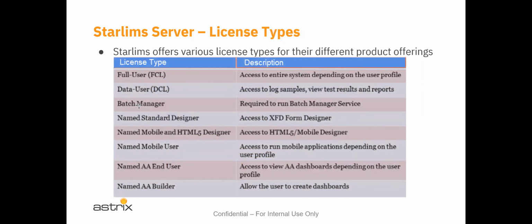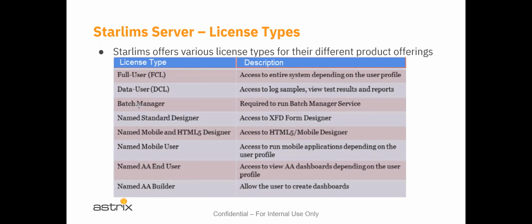Okay. So there are multiple types of licenses that are offered by STARLIMS, and we don't need to necessarily know all of the details related to all of them, but suffice to say that the FCL type license, full concurrent user license is what that stands for, allows for a single seat user to access the system and do anything they need to do in the system, given the proper roles and privileges by the system administrator.